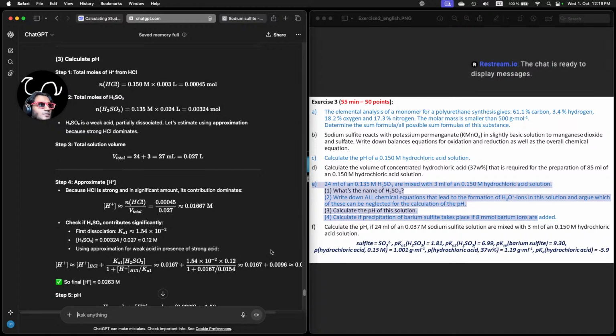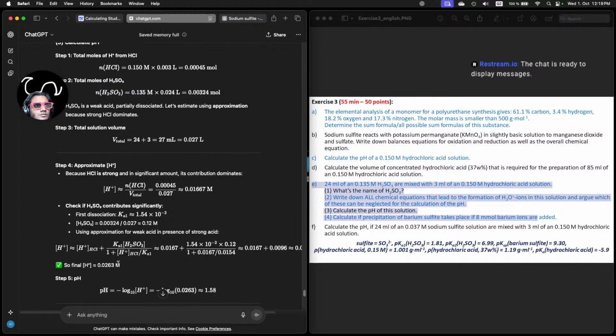First dissociation. Using approximation for weak acid in presence of strong acid.